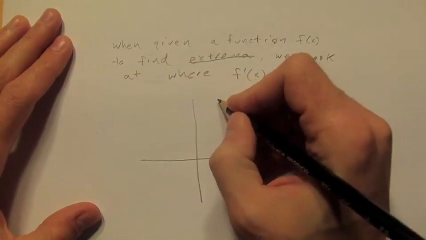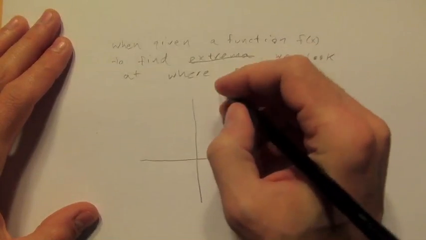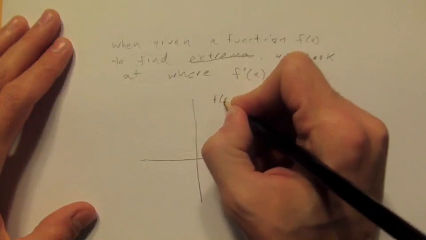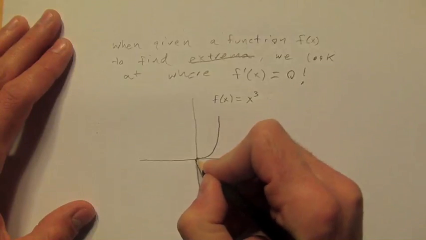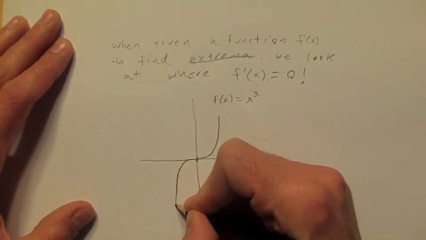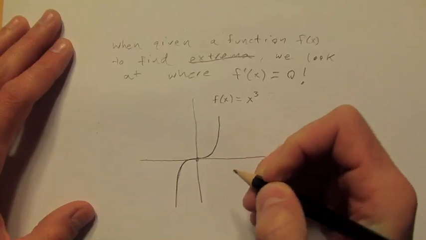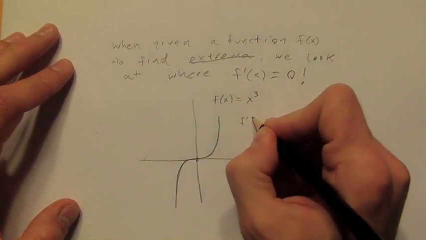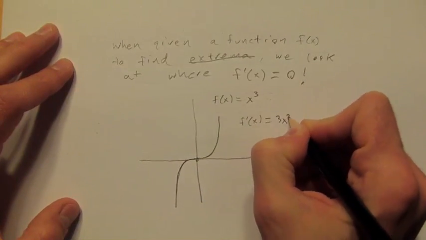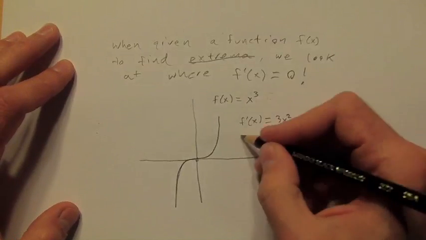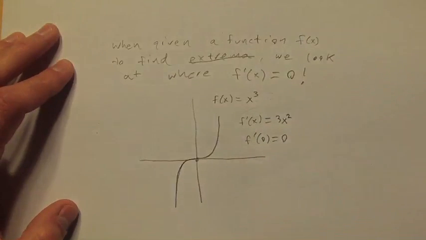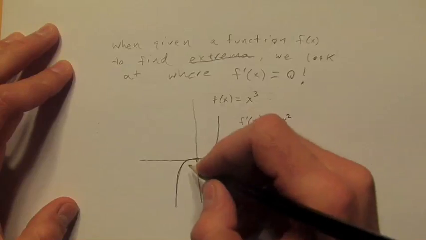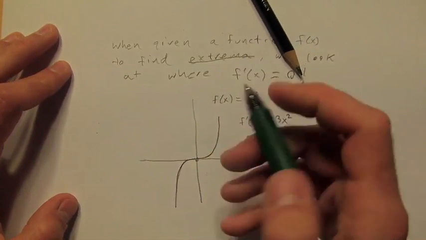Say, for example, I look at the function f of x equals x cubed. It looks like this when you graph it. If I take the derivative, I get 3x squared, and this derivative is 0 at 0. But I don't have a max or a min here.